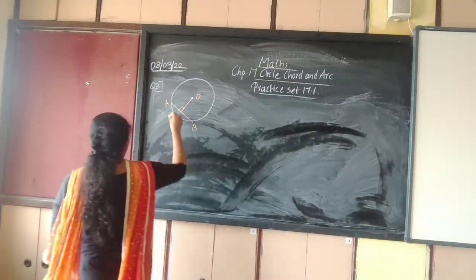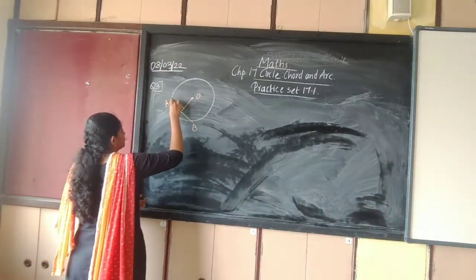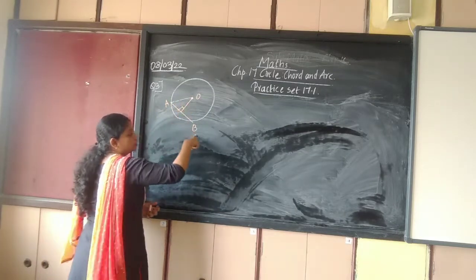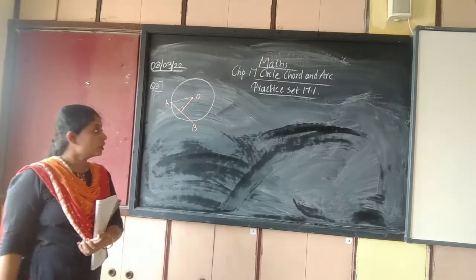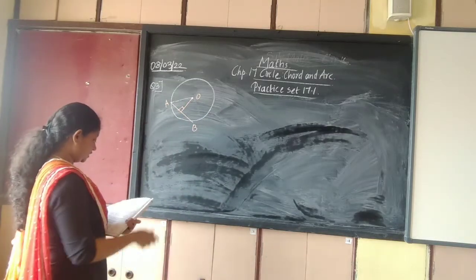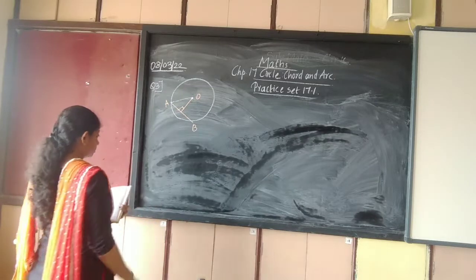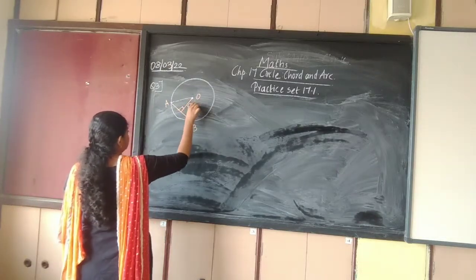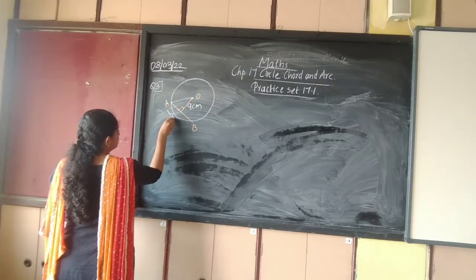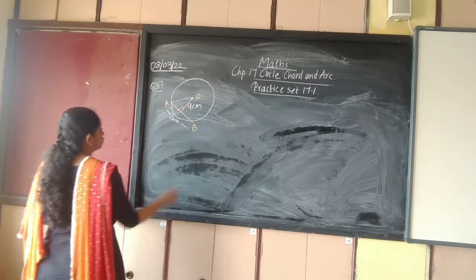We can either draw it here, OA, or you can also draw it here, OB. Any one you can do. Okay, and then what are the measurements given here? 9 centimeter. Here it is 24 centimeter of the chord.